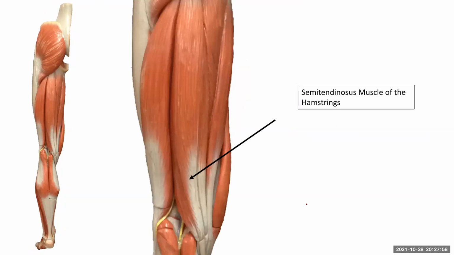So if you notice, the arrow here is pointing to the semitendinosus muscle. And so I'm going to highlight part of that. All right, so in between those two red lines is the semitendinosus muscle. The semitendinosus muscle has a longer, more prevalent tendon than semimembranosus.